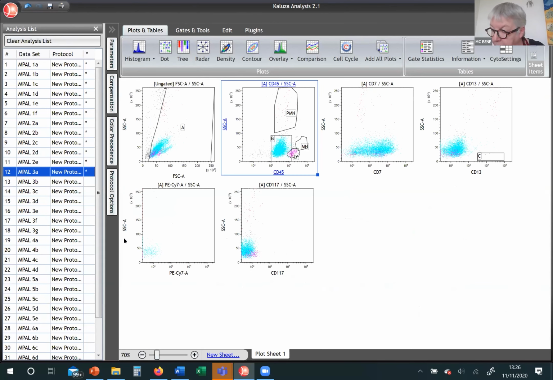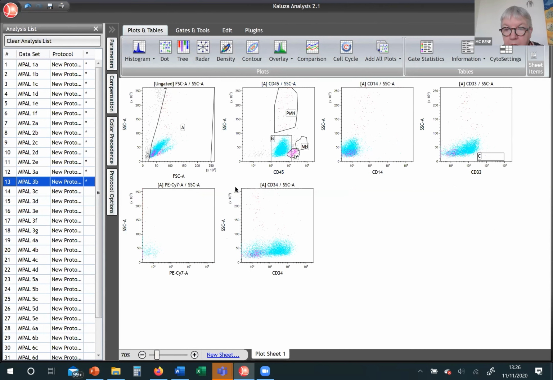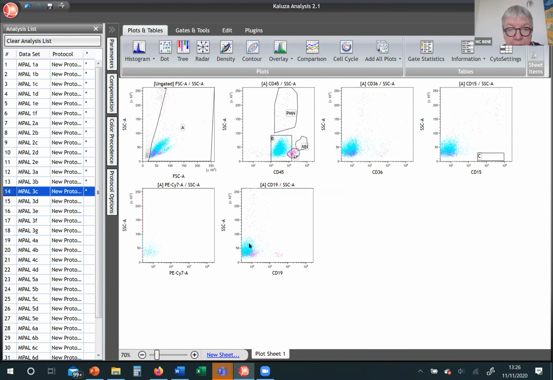So here we go. And what do we have? Here we have CD7 clearly expressed, brighter than in the previous case. We have no CD13, no CD117, no CD14, but we have CD33 and CD34. No CD36, no CD15, no CD19.